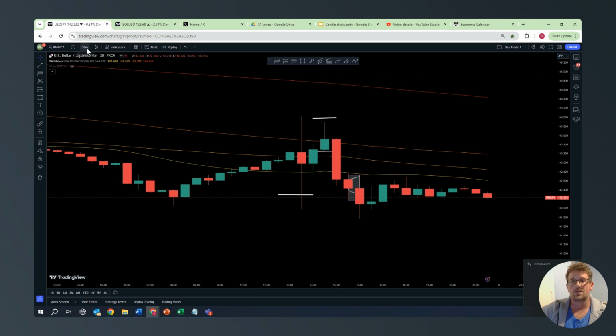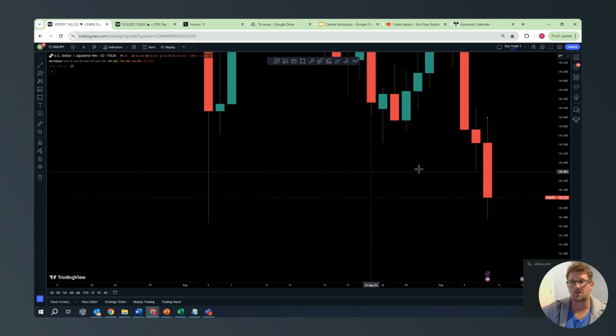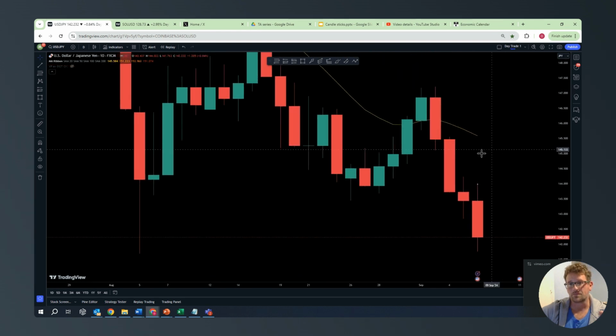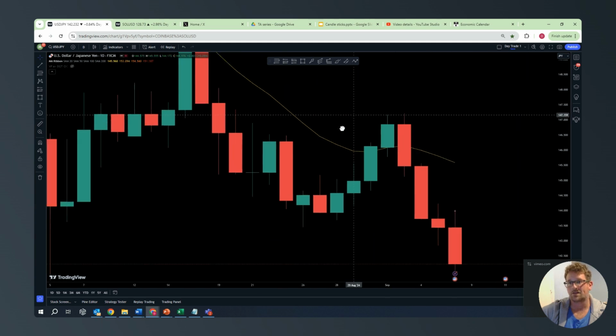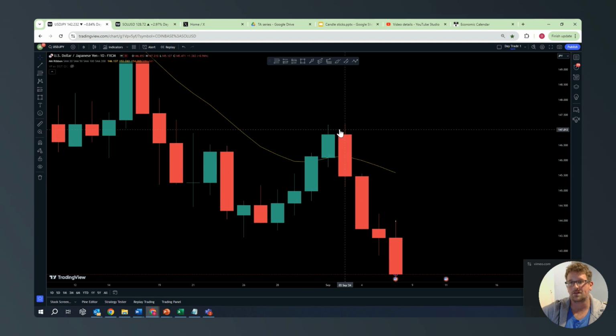Now, in this scenario, we're following the trend, so it's pretty obvious. However, they also mean more on higher time frames. So you can see here, we had this push up on the daily, so there's a lot more significance on the daily. We had this big engulfing pattern here. So let's say if you were really lucky or really skilled or whatever, you could have caught this entire move.